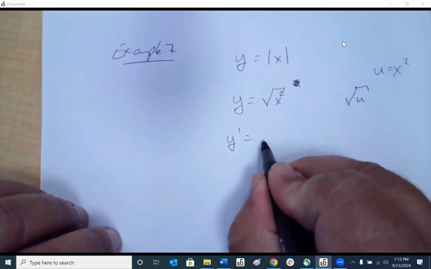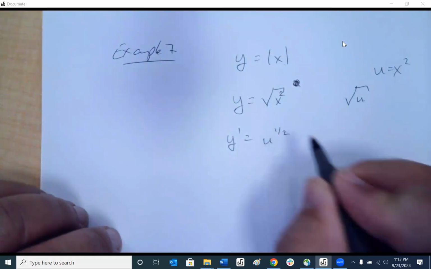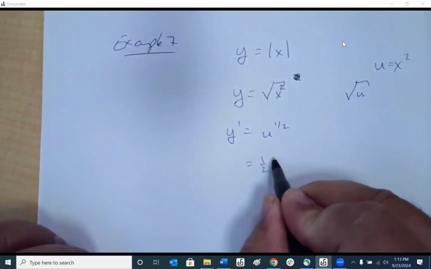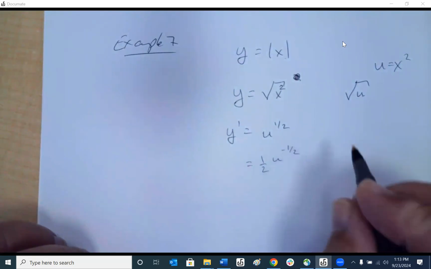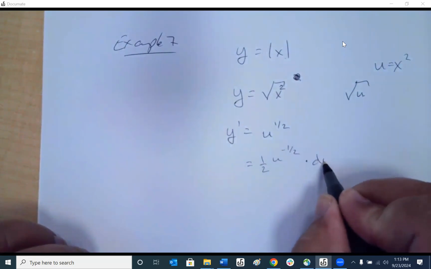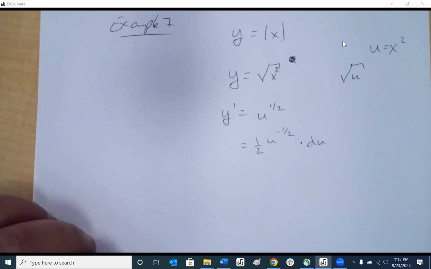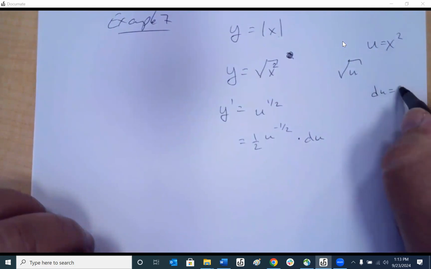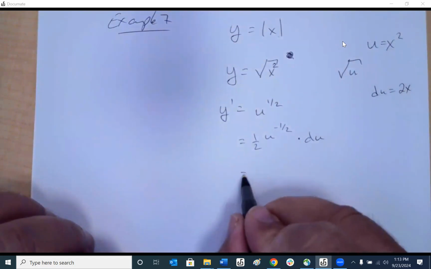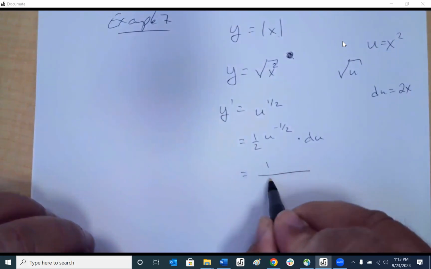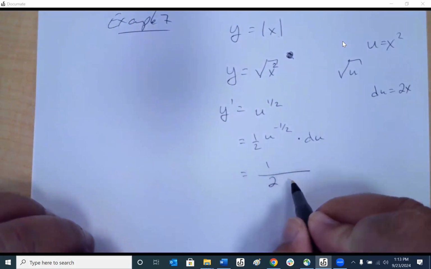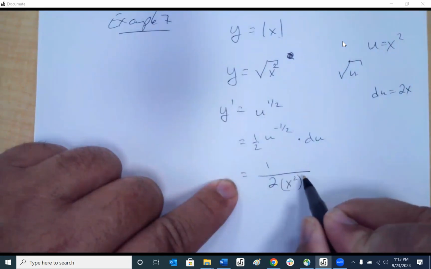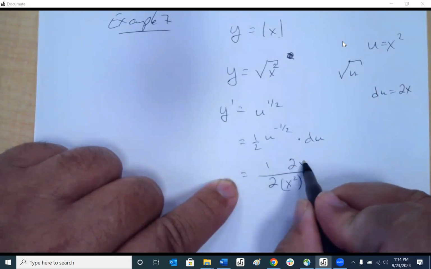So what we have here is u to the power 1/2. The derivative is 1/2 u to the power negative 1/2 times du. Since u is x squared, du is 2x. So we have 1/2 times (x squared) to the power 1/2 down here, times 2x.